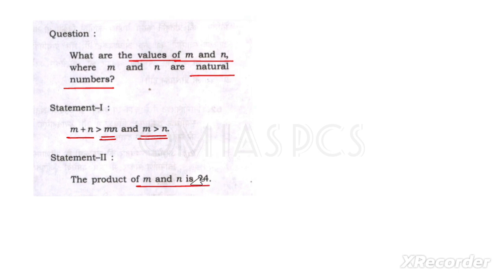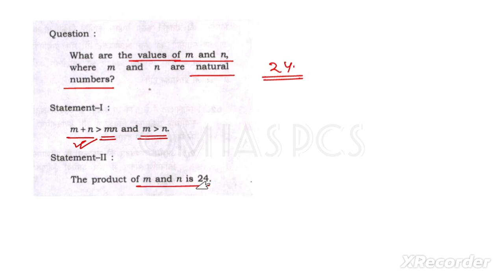If only the first statement is given, it is difficult to find the values. UPSC always gives you a second chance, like a second hint: the product of m and n is 24. Now just prime factorize 24. How can you find two numbers whose product is 24?